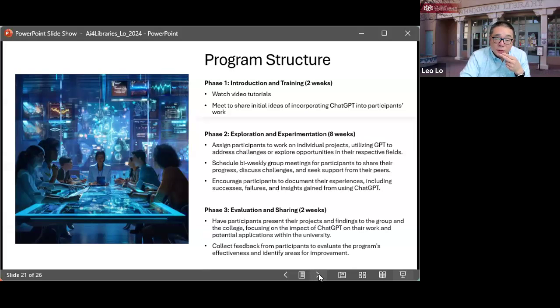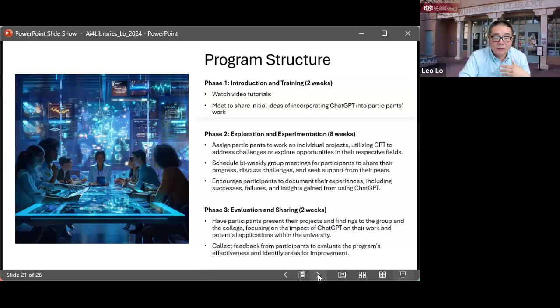And then finally, the final 2 weeks, evaluation and sharing. We have participants present their projects and findings to the group, and then the whole group presents to the college, focusing on the impact of GPT on their work and potential applications in other ways as well.